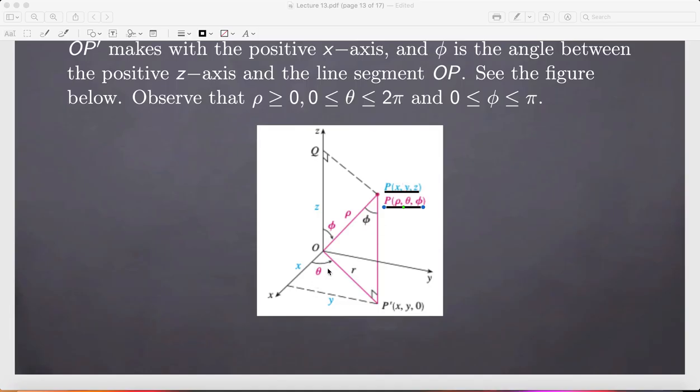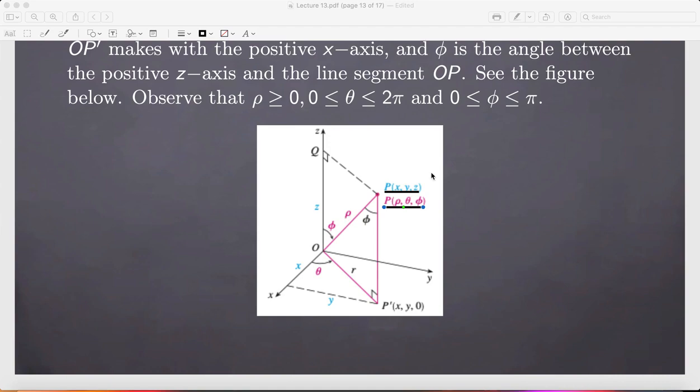You notice here that theta is going to go full circle, so this varies from 0 to 2 pi, whereas phi will vary only from 0 to pi, because this is the angle of OP with the positive z axis. So this will go from 0 to pi.